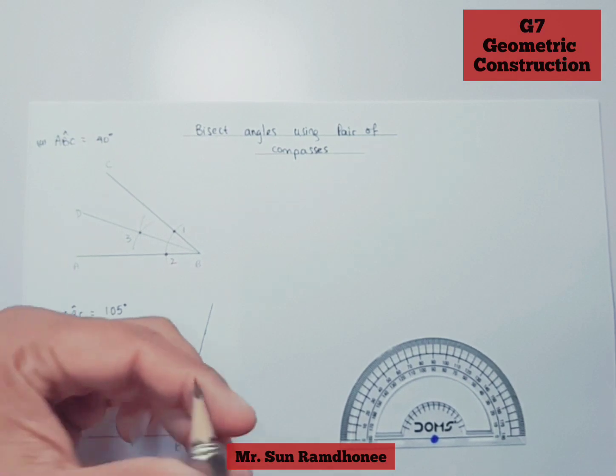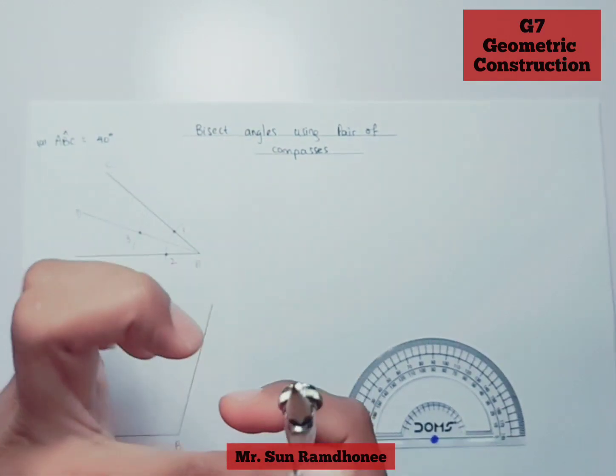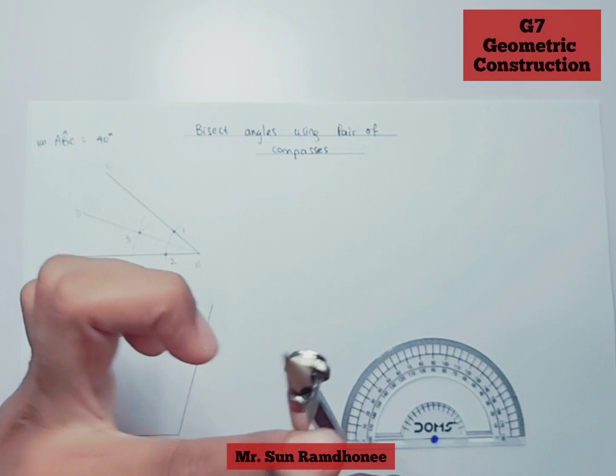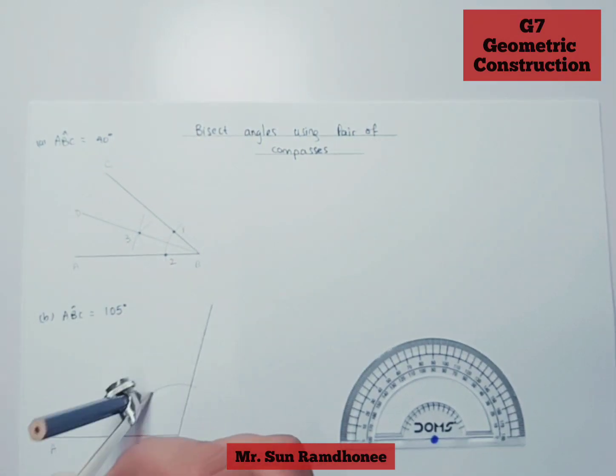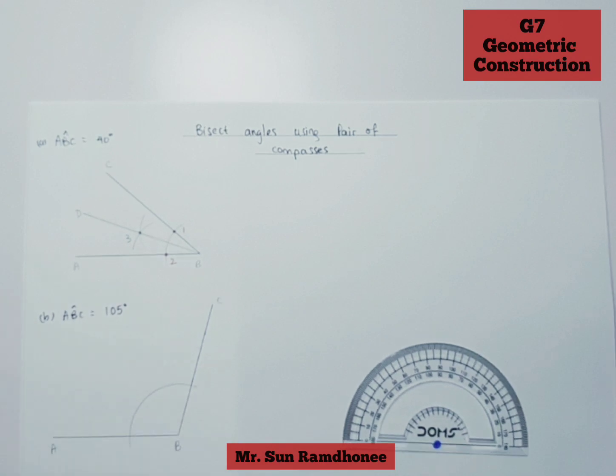Next, same, I'll measure my finger, you can measure yours, and then we're going to draw an arc from B, like this. This is line BC.